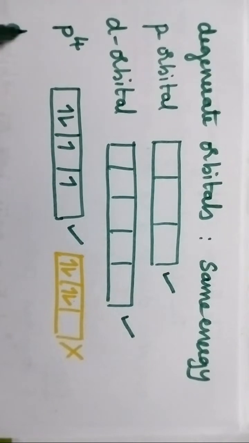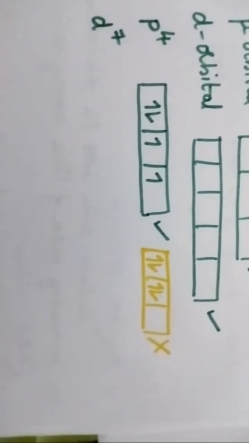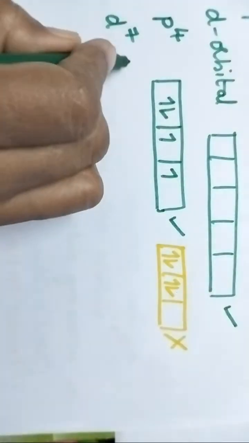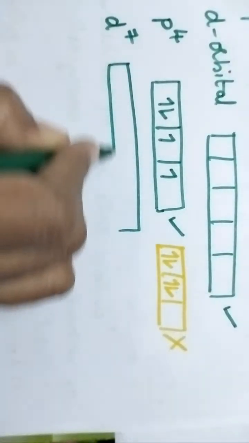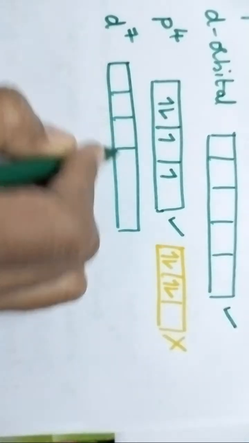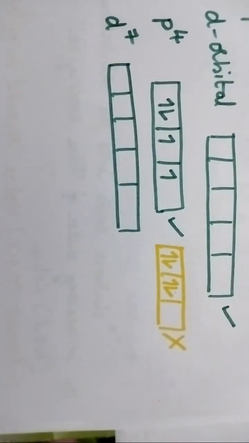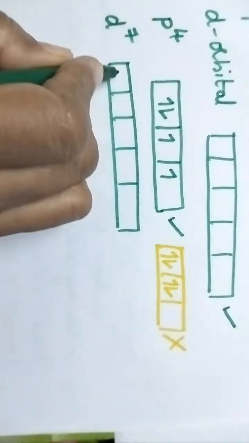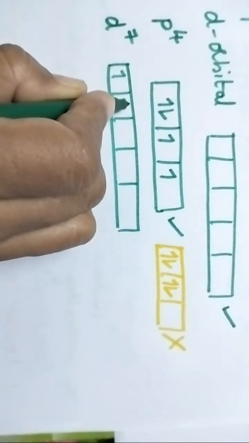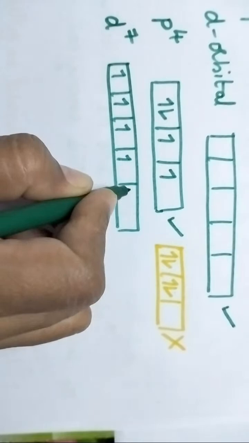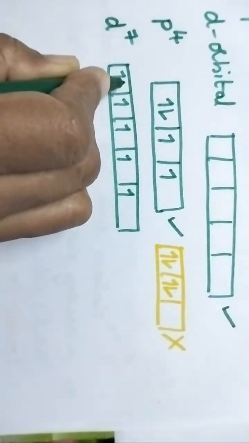For example, let us consider d7 configuration. D means it consists of 5 degenerate orbitals. So 5 degenerate orbitals are first filled with a single electron. After 5 are filled, the 6th one and the 7th one.